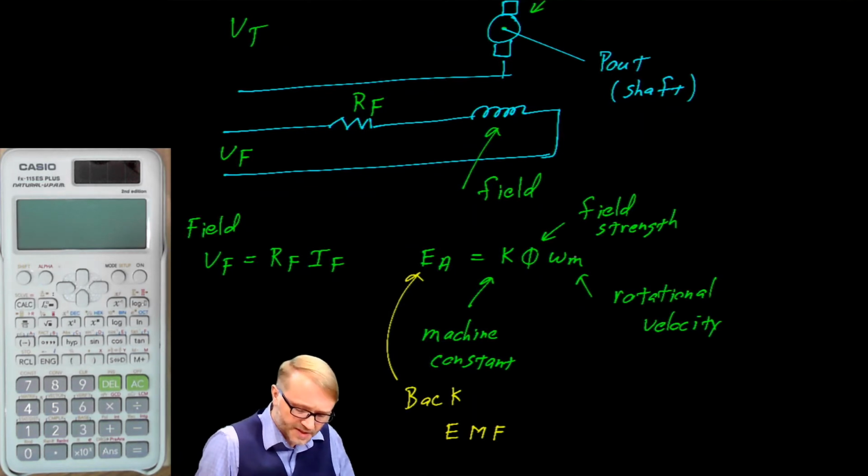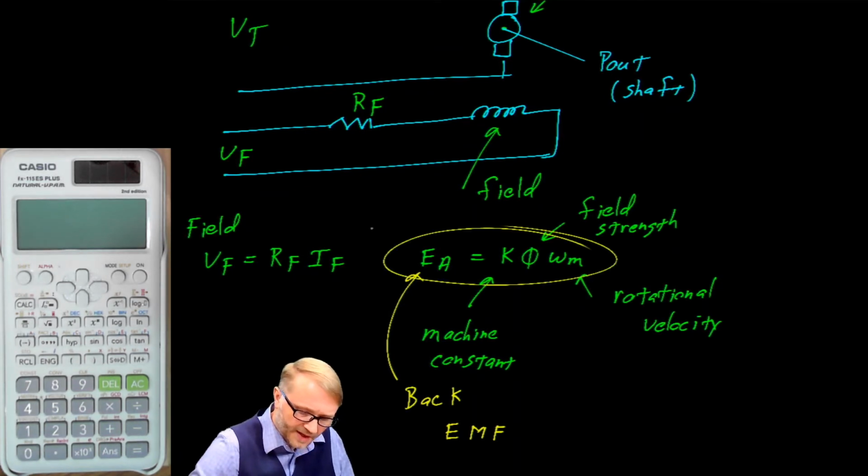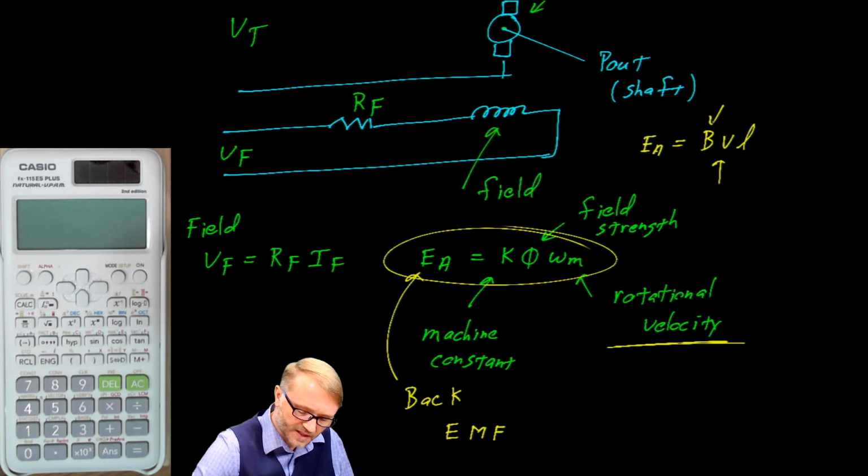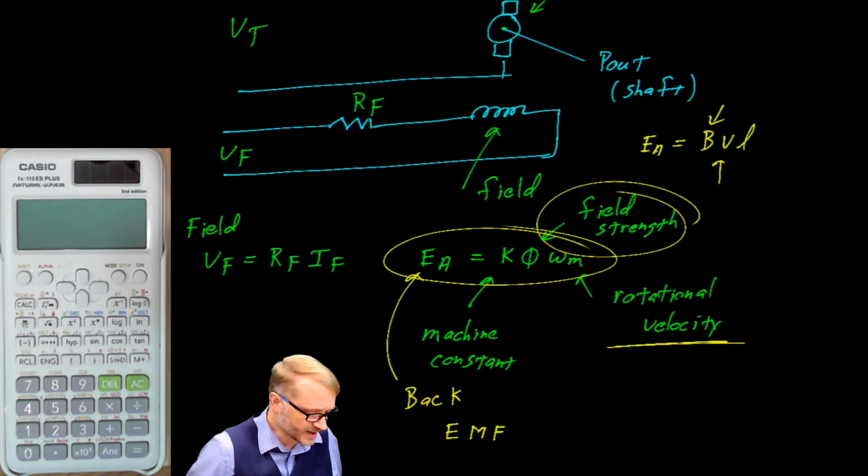If you squint at this equation just the right way, it should look familiar because the induced voltage on our linear machine was B, V, L. So here we had a velocity, the B field, which is the field strength, and we had the length.